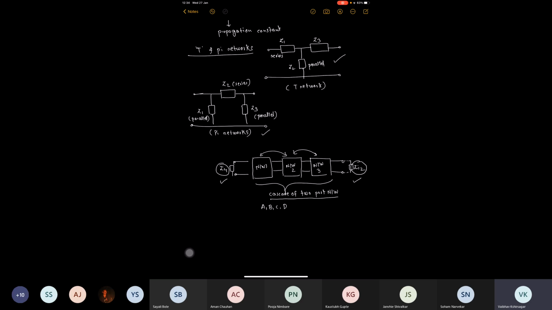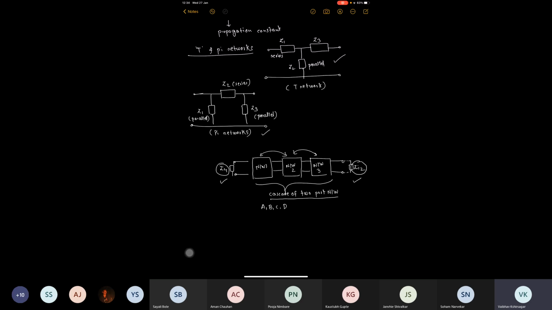And we just saw why we make use of transmission parameters, because we need a filter designed in terms of a cascade of multiple networks. That's why we need ABCD parameters. I hope you understood the basic foundation of filter design using the image parameter technique.